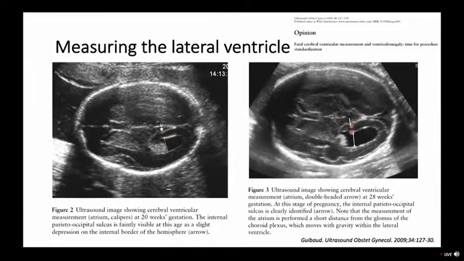This is what experts in the world would encourage us to be the exact location perpendicular to the lateral ventricle where we should be putting these calipers. And so in line with that parieto-occipital sulcus is where we should be doing this inner to inner lateral ventricle measurement.